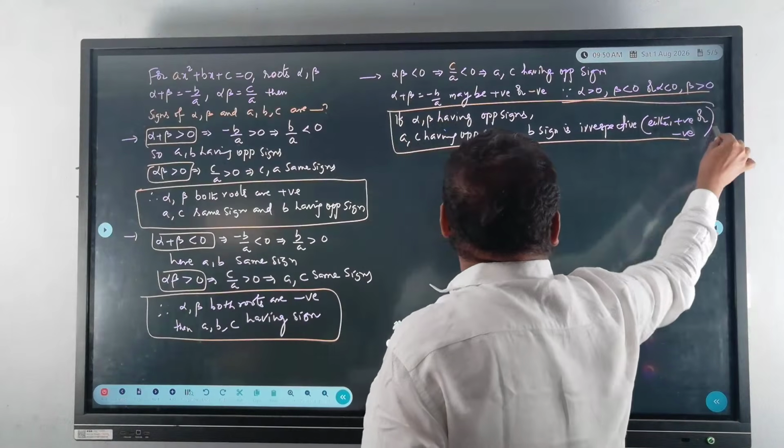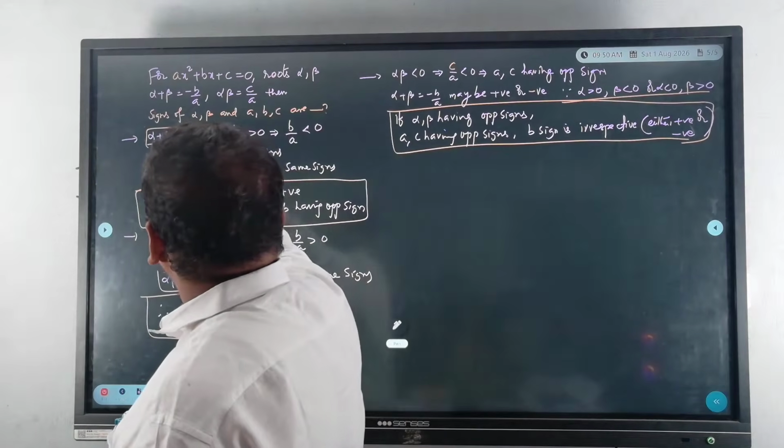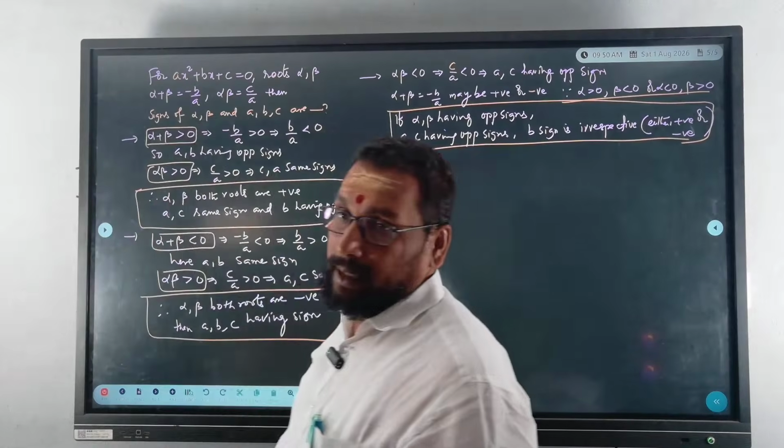So these three cases are the relation about signs of alpha, beta and a, b, c.